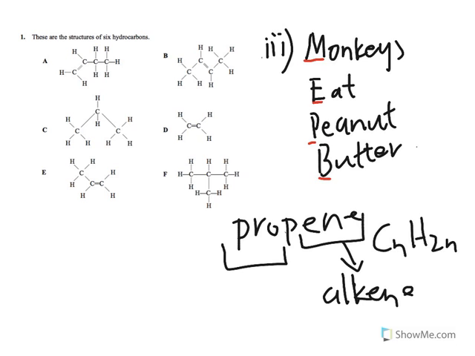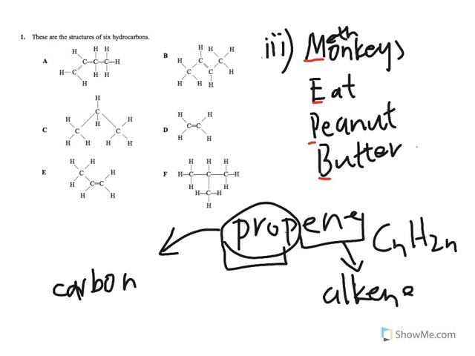The prop tells you how many carbon atoms there are. A quick way to remember is monkeys eat peanut butter: M for meth, E for eth, P for prop, and B for but.